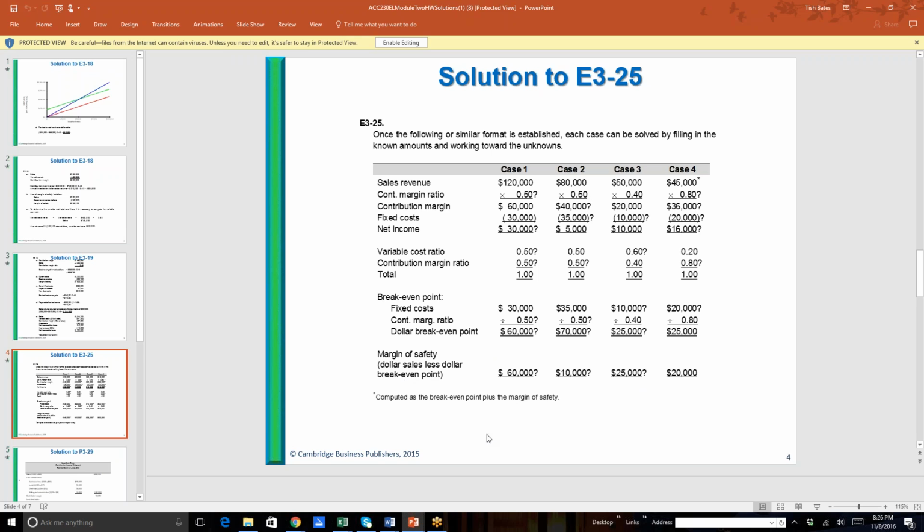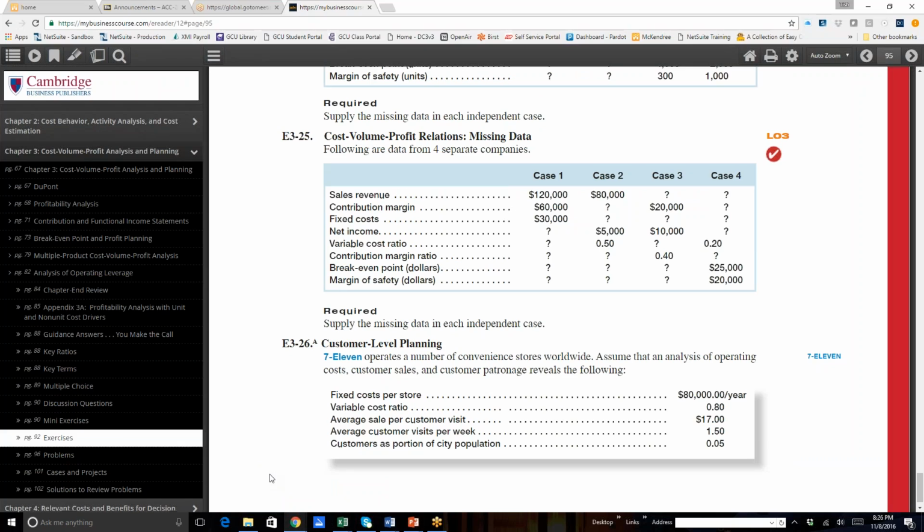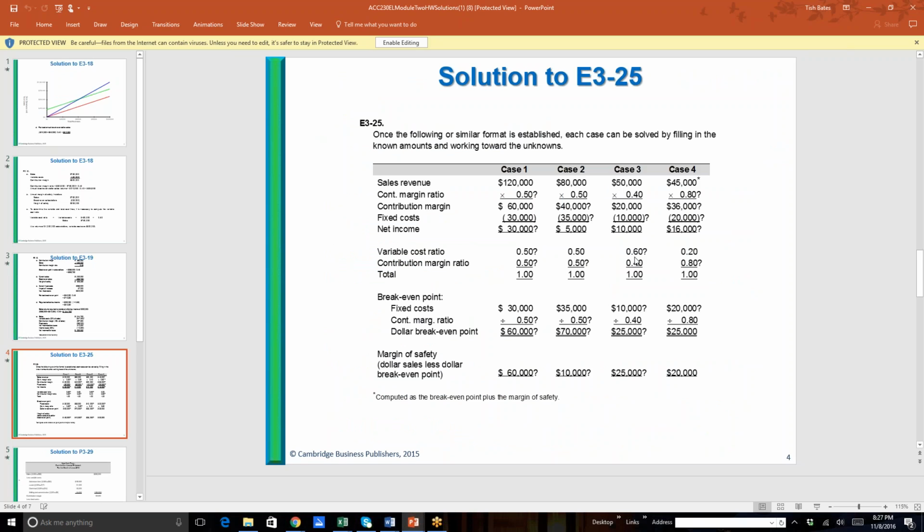So in each case, you were given different scenarios, right? And I think the question that someone had was on case 3 and 4. Well, in case 3 and 4, you were given the contribution margin was $20,000, the net income is $10,000, and your contribution margin ratio is 40%. So we automatically know if this is 40, then this is going to be 60, total of 1.